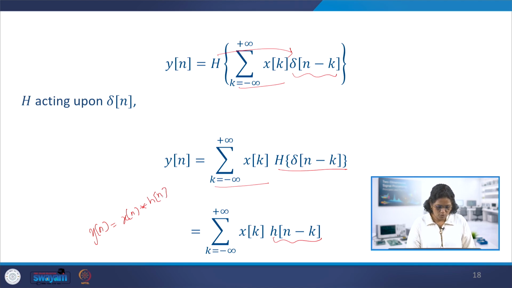So, if we know the impulse response of an LTI system, the response of that system for any input x[n] can be obtained by the convolution sum. That is what we conclude from here. If you know the impulse response of this LTI system, then the response to any input can be obtained by convolution of h[n] and x[n], which gives y[n].